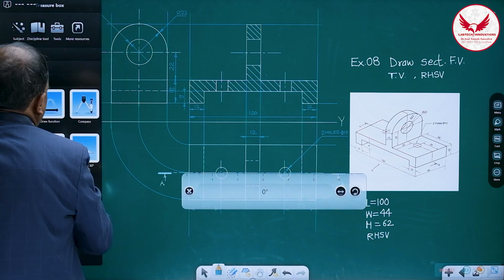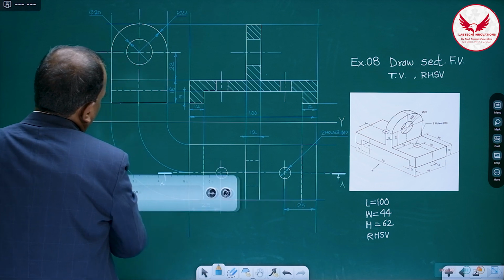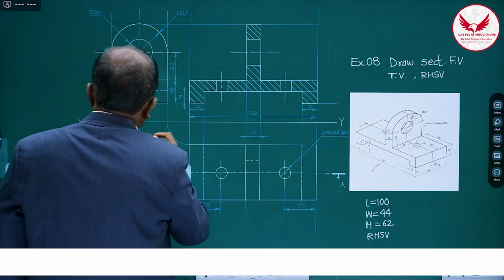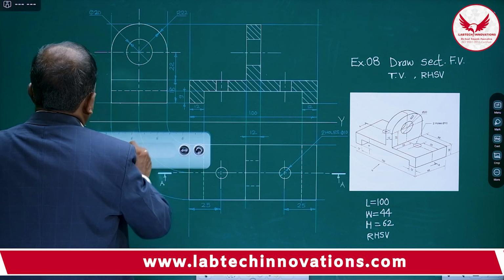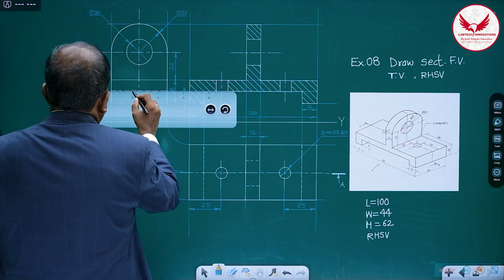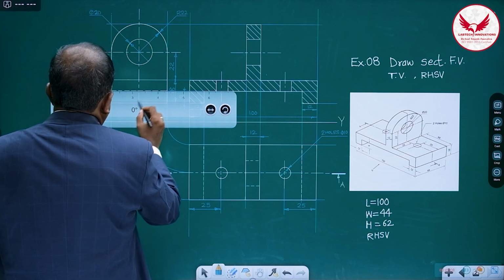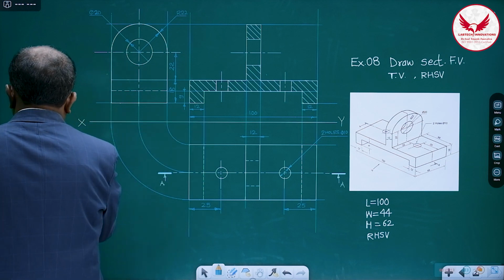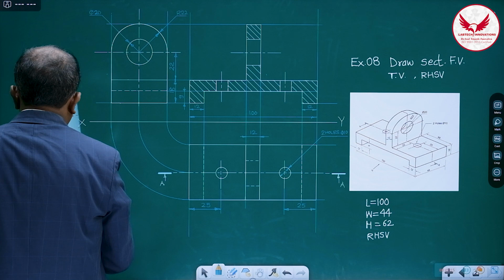This hole in the side view. Where is that hole in the side view? In the side view, both the holes will match with this. And from the center line, we have to mark 5 mm on both sides. So checking is always better.